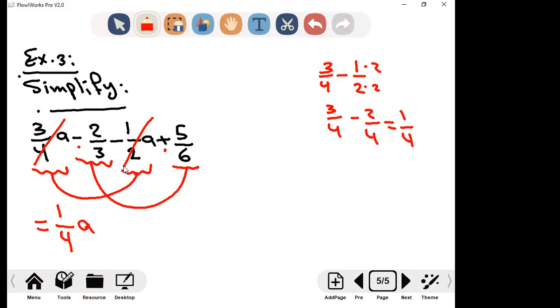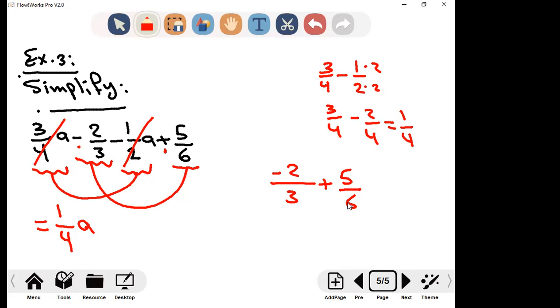Now I will work with the fractions, the constants. Negative 2 over 3 plus 5 over 6. Take the negative with it. So here negative 2 over 3, and if you remember we said the negative we give it to the numerator, plus 5 over 6.